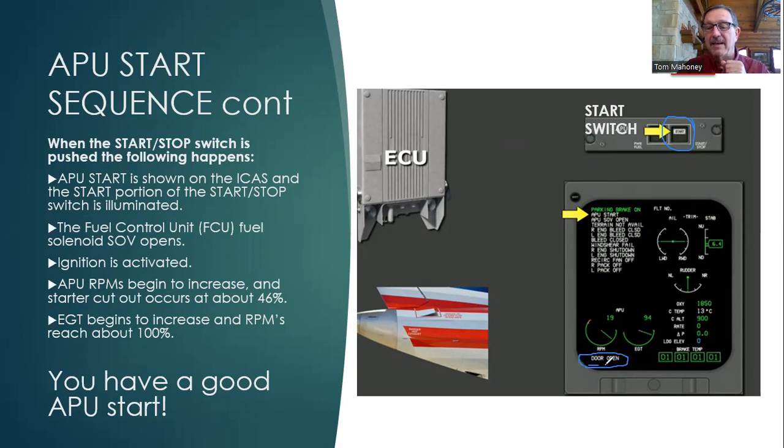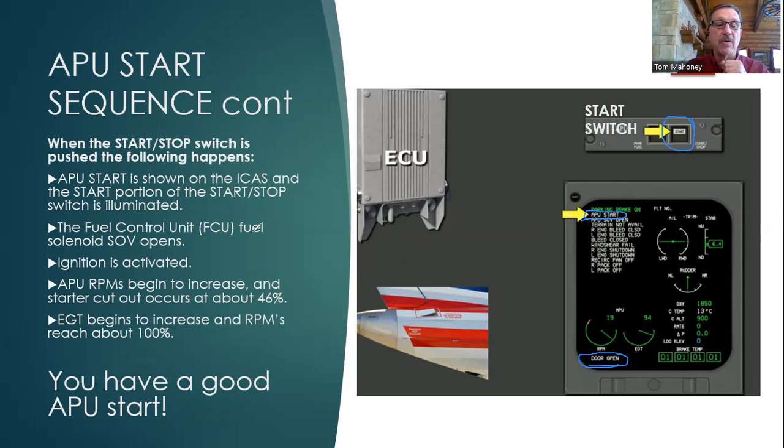This is the last annunciation you get in the sequence of the previous slide. Once that door open appears, you can pop on that switch. The APU start is showing on the ICAS and start portion. So here's the APU start switch. It pops up and you go, okay, we're good to start.